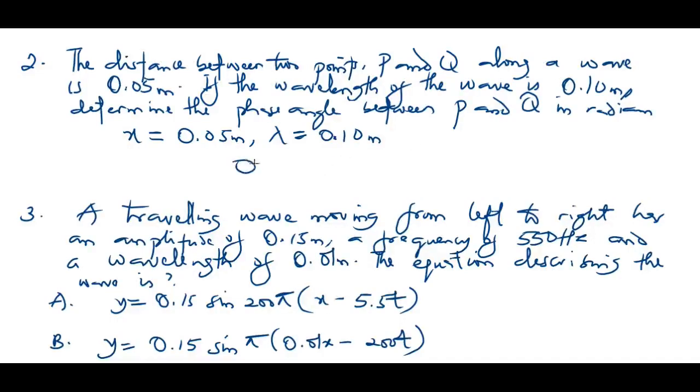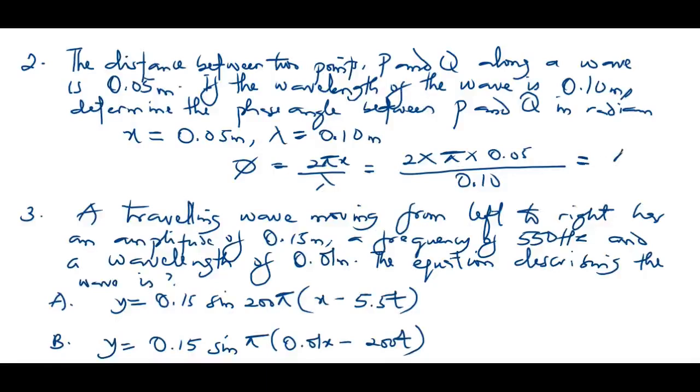We are told to find the phase angle. That is phi equals 2 pi x over lambda. That will be 2 multiplied by pi multiplied by 0.05 all over 0.10. So 2 times 0.05, 0.1, 0.1 divided by 0.1, we have what? We have pi.